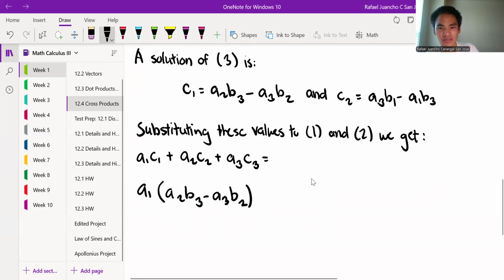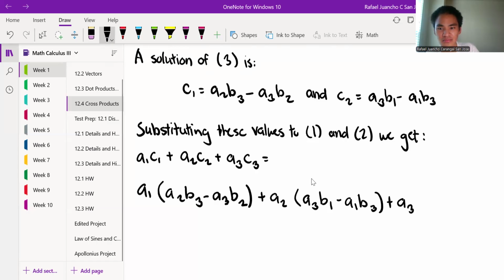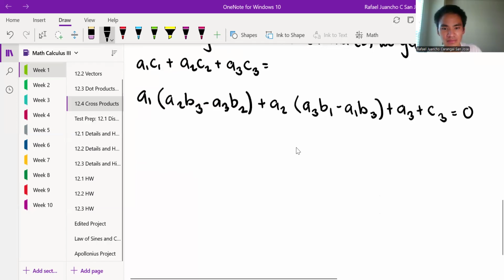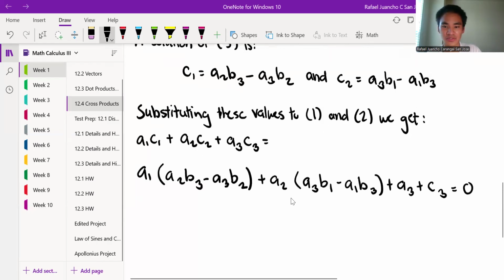So C2 is A3B1 minus A1B3, times A2, plus A3C3, which is equal to 0, right? That's what happens when you plug it in. That's equation 1.